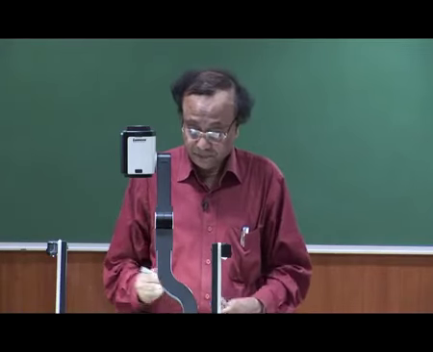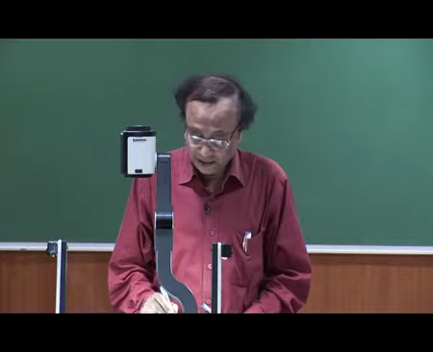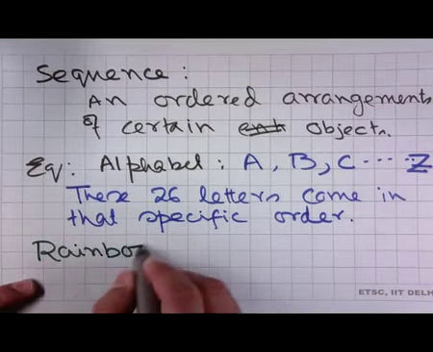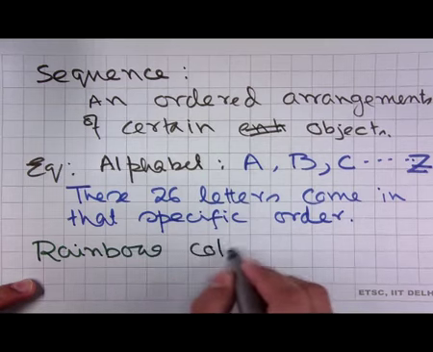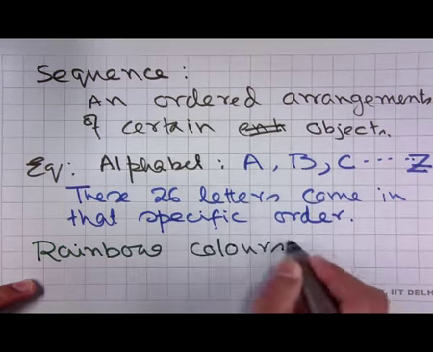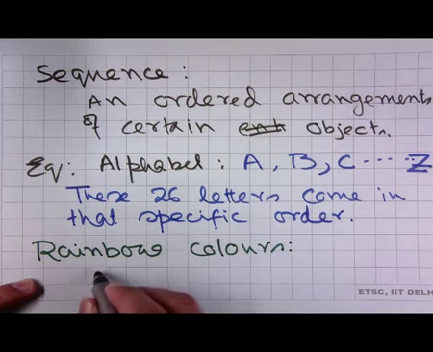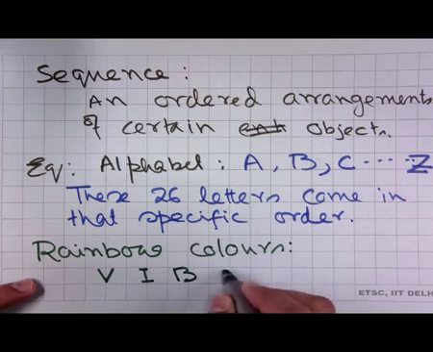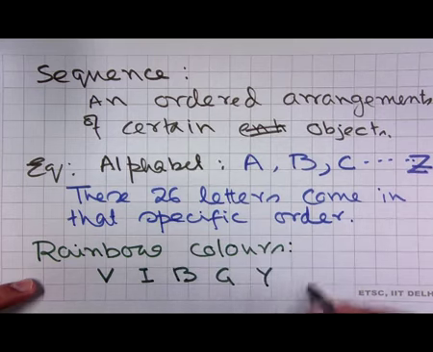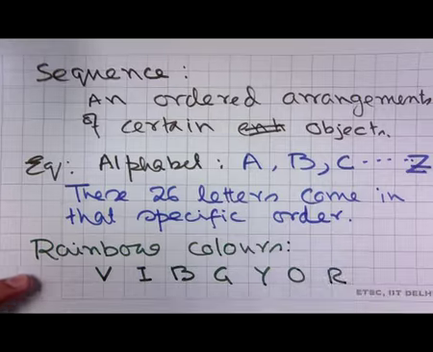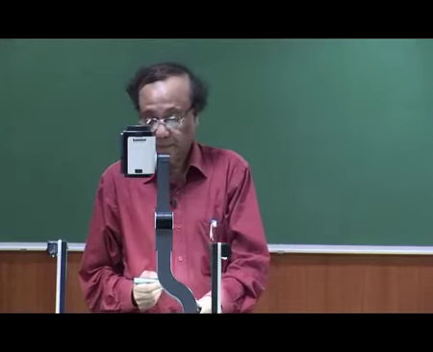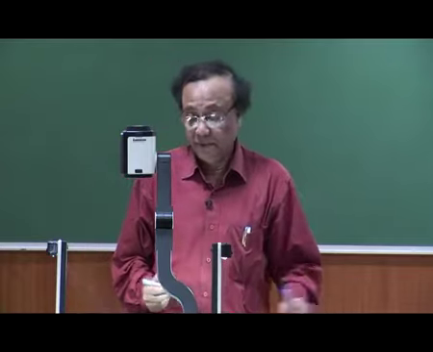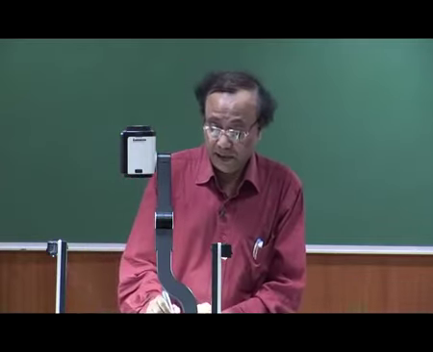Similarly, say rainbow colors. There is also a sequence violet, indigo, blue, green, yellow, orange and red. Now, a sequence can be numeric also, say prime numbers.